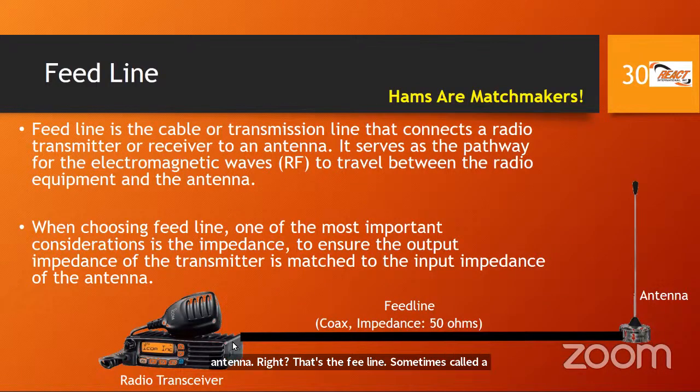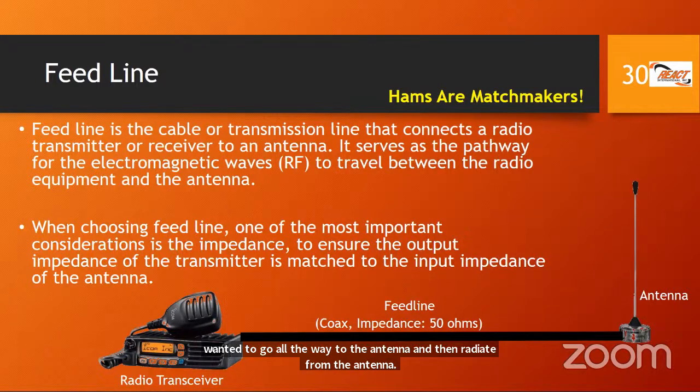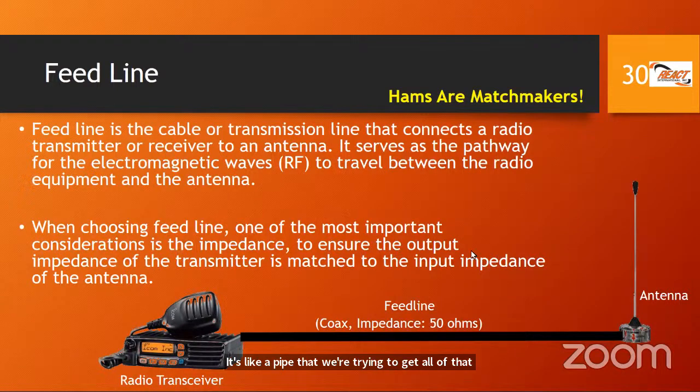It allows the radio frequency that's generated by a radio a conduit to the antenna, because we don't want that radio frequency to leave the radio at the radio. We don't want it to leave the feed line at the feed line. We want it to go all the way to the antenna and then radiate from the antenna. That's the purpose of the feed line. It's like a pipe that we're trying to get all of that signal through until it reaches here, and then now it can spill out and go wirelessly into all directions.